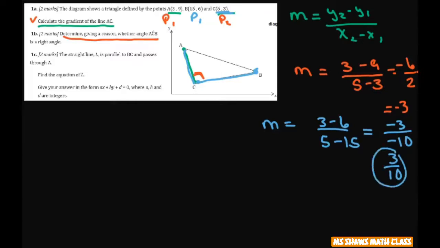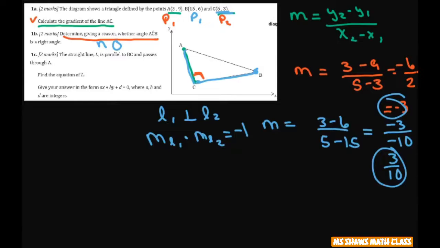So when you look at these two perpendicular lines, if you have line 1 perpendicular to line 2, then the slope of line 1 times the slope of line 2 should equal negative 1. In other words, they should be negative reciprocals, and they're not. So this is not a right triangle.